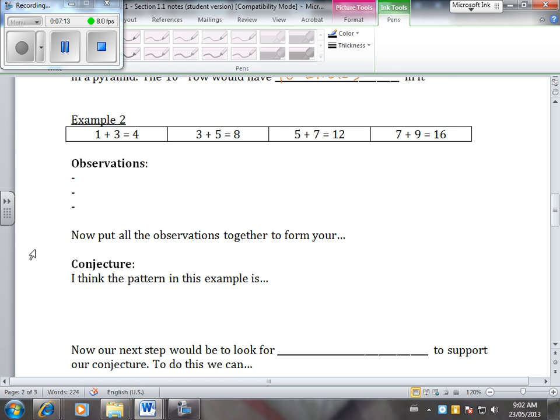So if I look at first the things that are being added, then they're called add-ins. So I have 1 plus 3, 3 plus 5, 5 plus 7, 7 plus 9. I noticed that those are all odd, and so I'll call them add-ins, and those are the numbers being added.